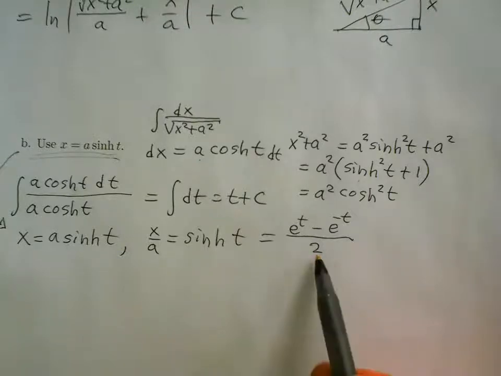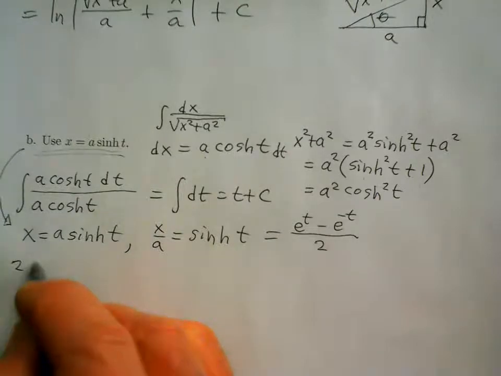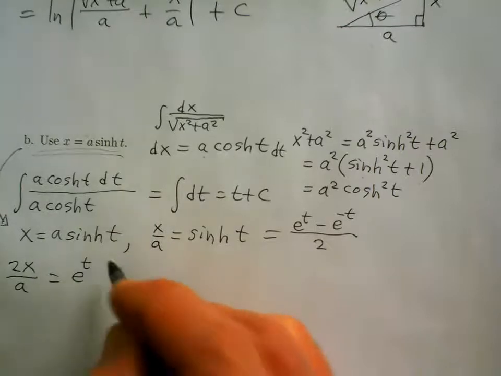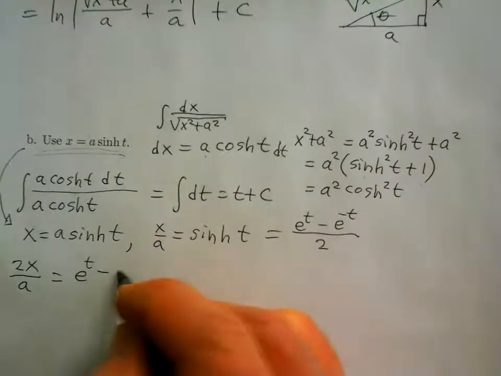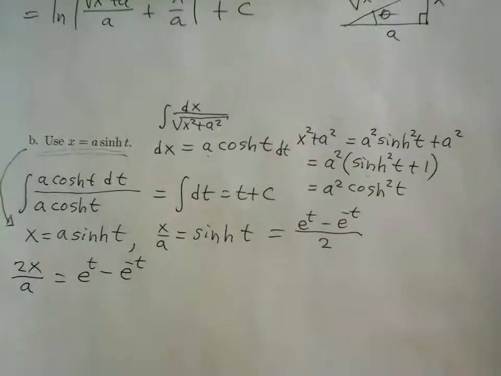First thing I'll do is multiply both sides by 2. So we get 2x over a equals e to the t minus e to the negative t. And next, I'm going to multiply every term on both sides of the equation by e to the t. And that's perfectly legal because e to the t is always positive.